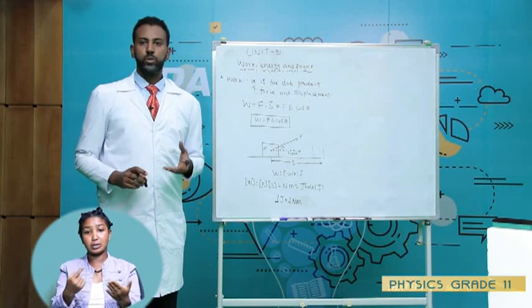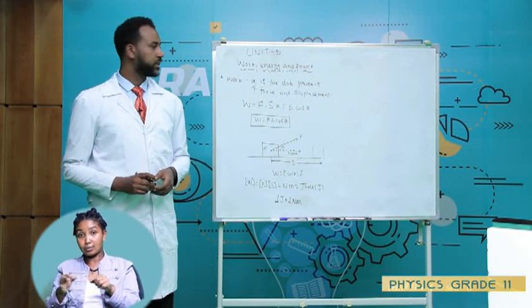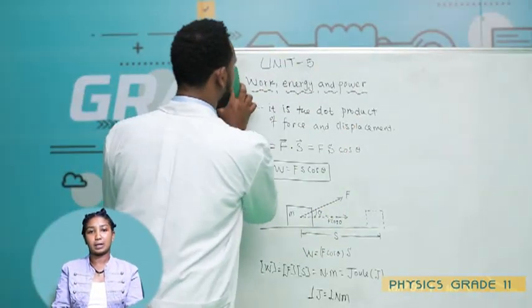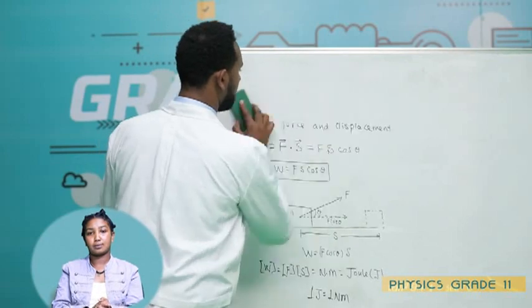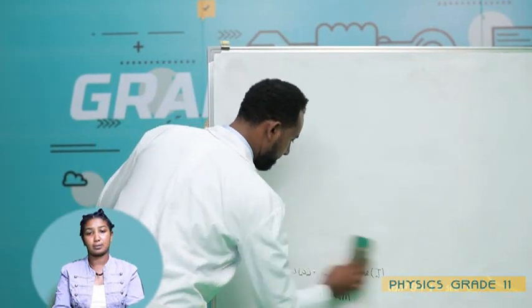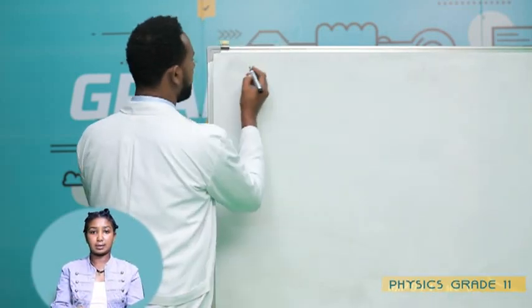Now, it's also possible to represent force and displacement vectorially. How? Let's write force using the dot product like this. Let's represent force vectorially.